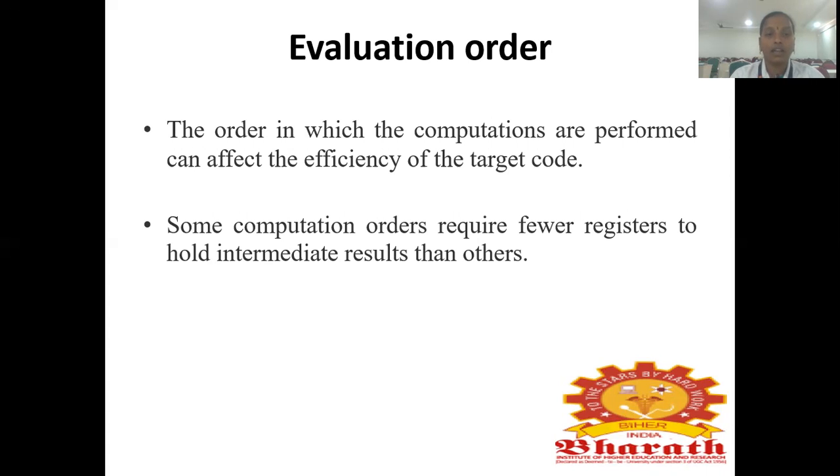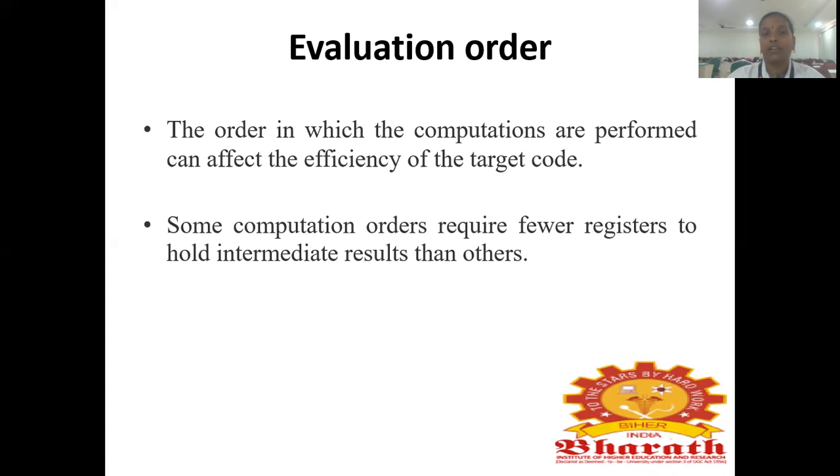Next is the interconnection of the backend and front end. Once finished, the code is machine dependent or independent. Lastly, evaluating the expressions of the code optimization or evaluation order should not affect the efficiency of the target code.